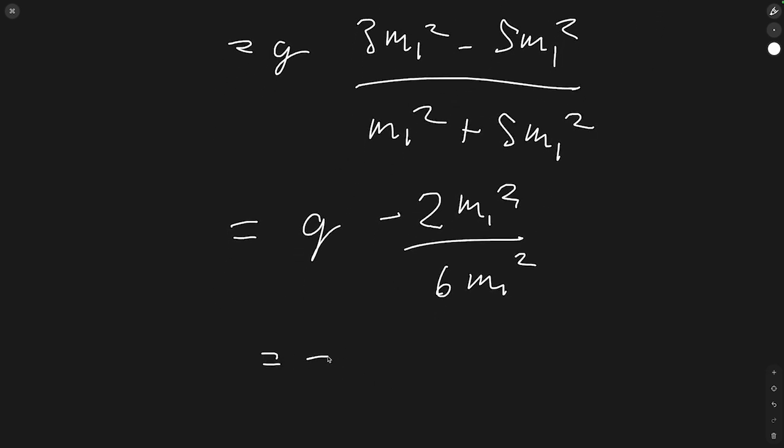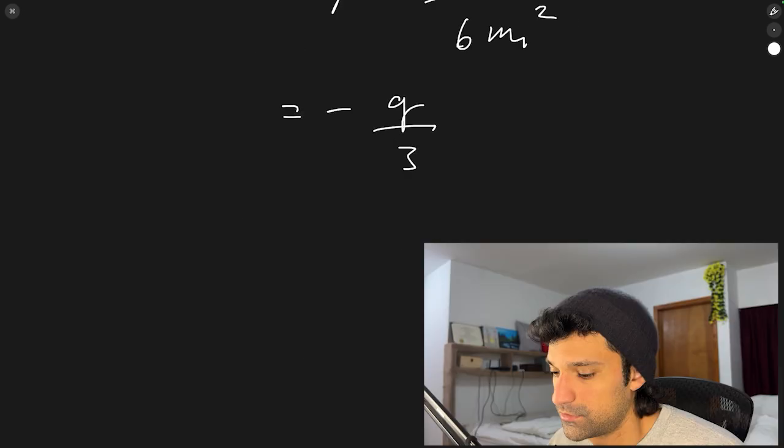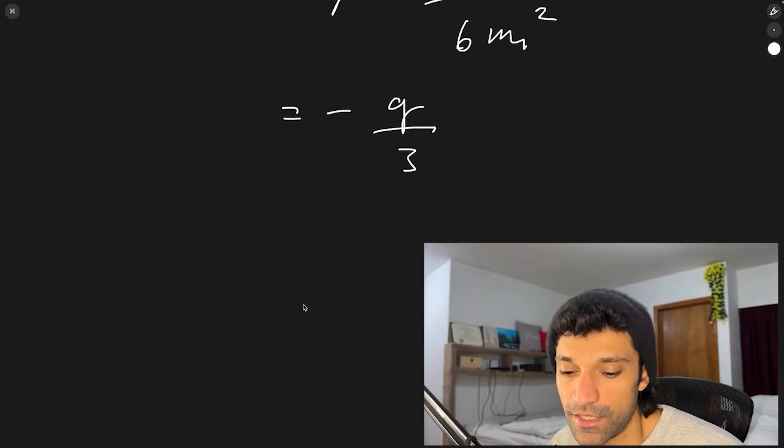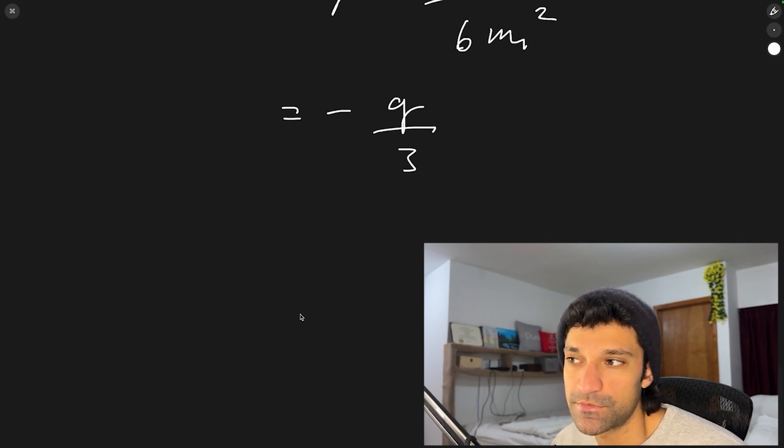That's minus G over 3. So it's not what I predicted at all. So, you know, sometimes limiting cases, instead of us predicting what's going to happen, sometimes limiting cases are there to give you new insight, right?